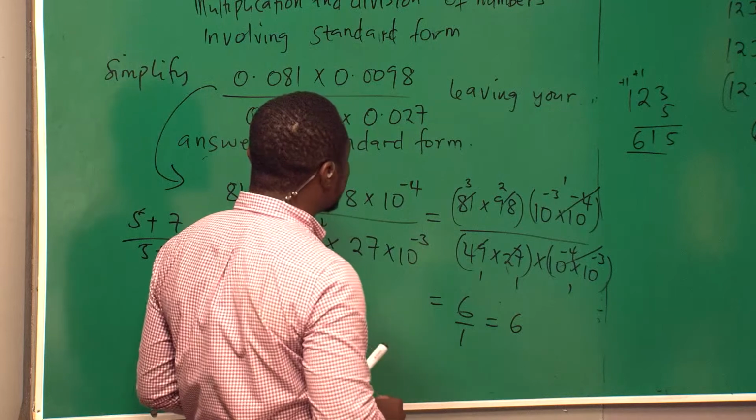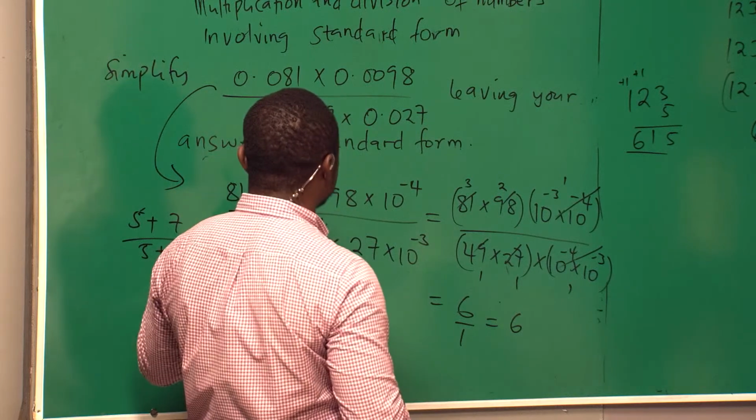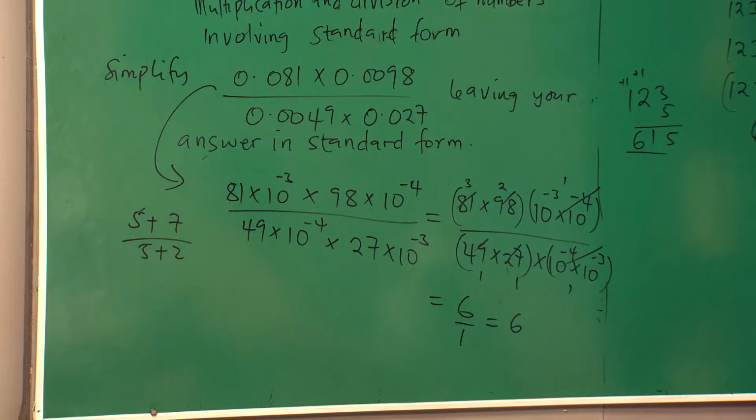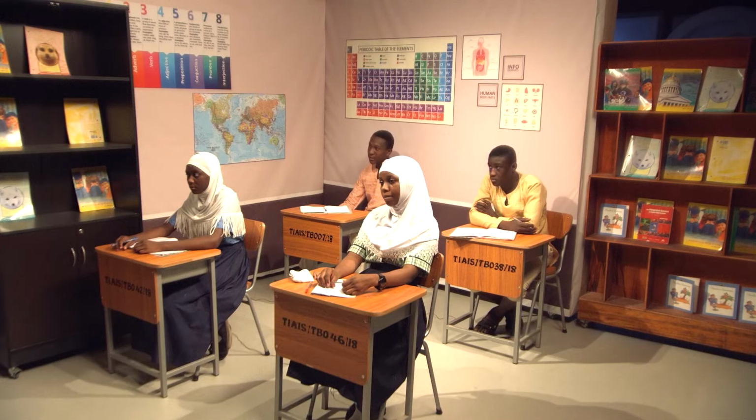Yes. But remember the question says, leaving your answer in standard form. So if we write it as 6, are we right? If we leave the answer as 6, are we right? So what do we do? Orchard? 10. 10 exponent what? 1. 10 exponent 1, Munira.